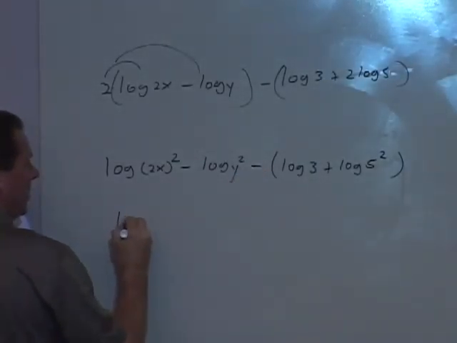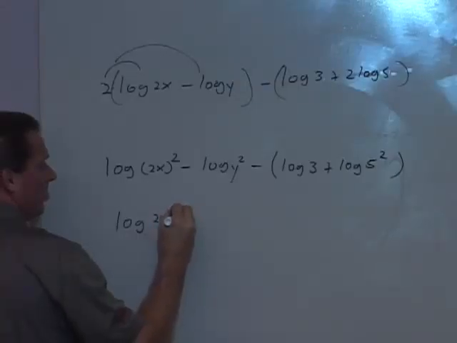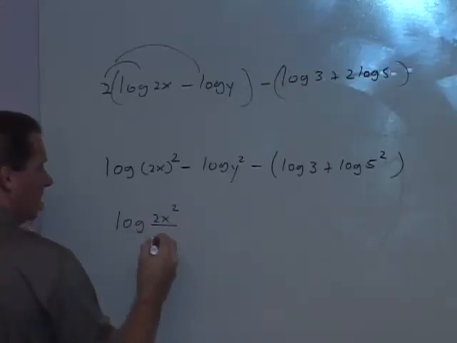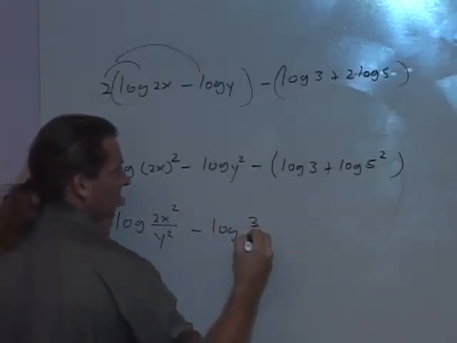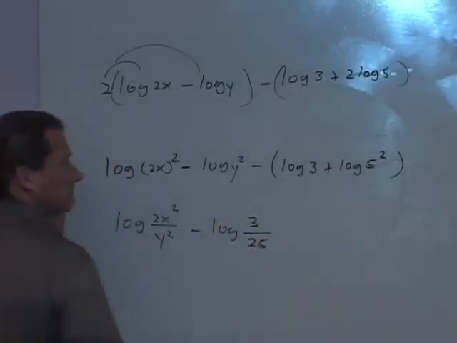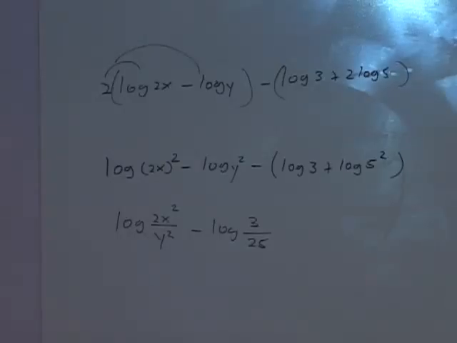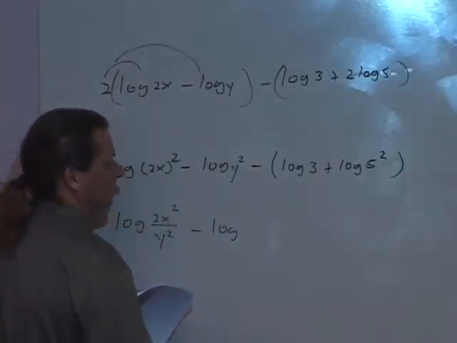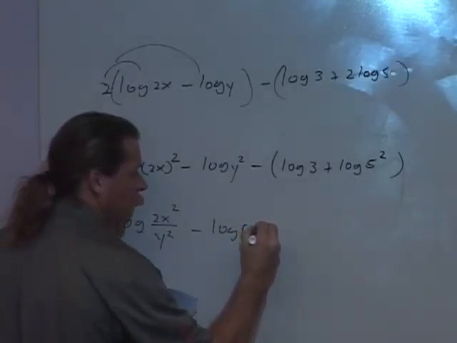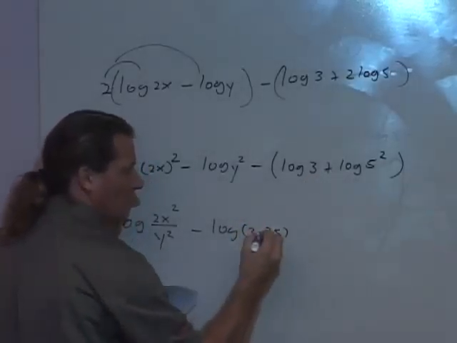Now what I have here is log 2x squared divided by y squared minus log 3 divided by 25. 5 squared is 25. Oh, wait a minute. Is that addition on the second one? Sorry, that's wrong. Times 25. When you add, you multiply.